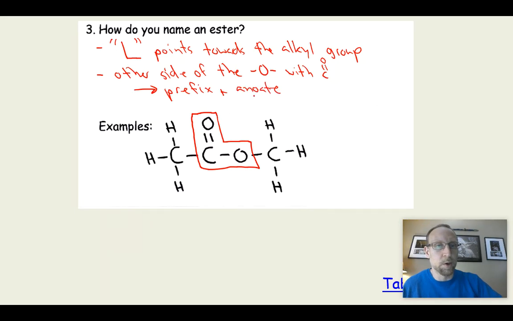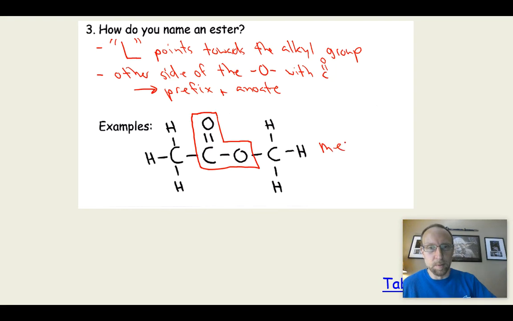It's a little weird, but it's not too bad, though this is probably the trickiest one. So the L points towards the alkyl group. A one carbon branch is coming off of that O, so we would call that methyl.